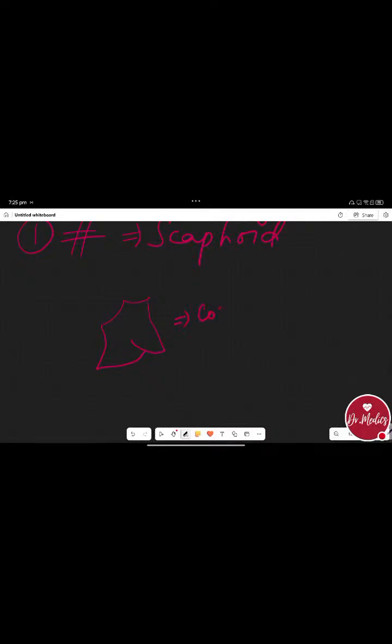Cause of the fracture is a fall on the outstretched hand or on the tip of the fingers.